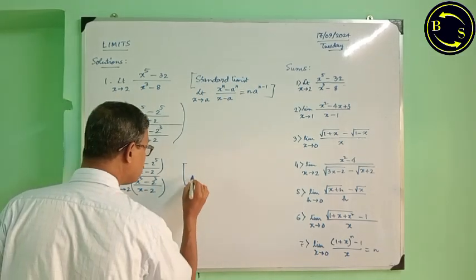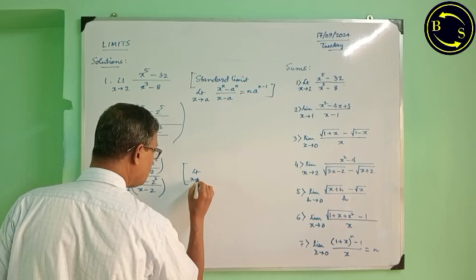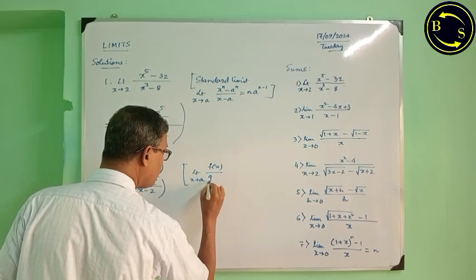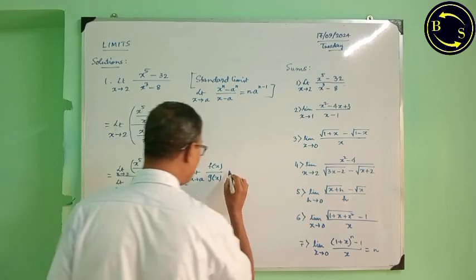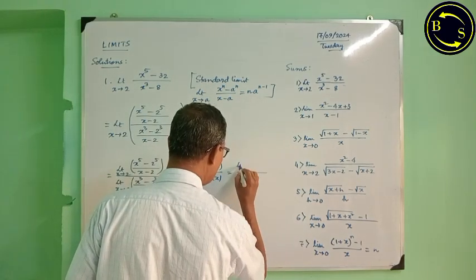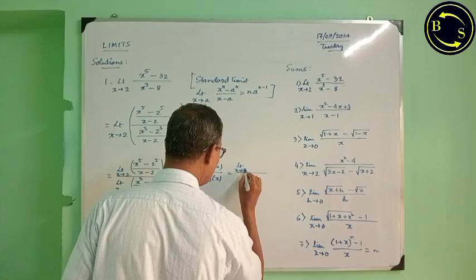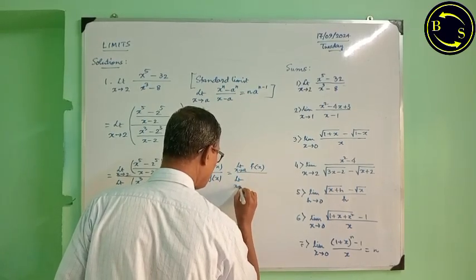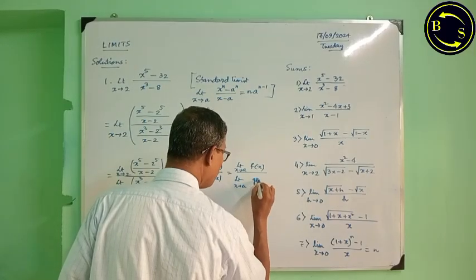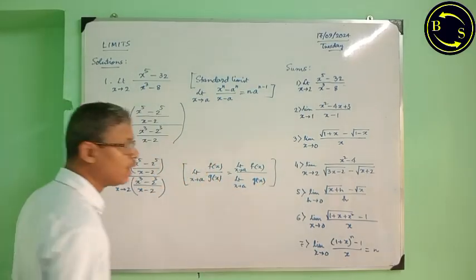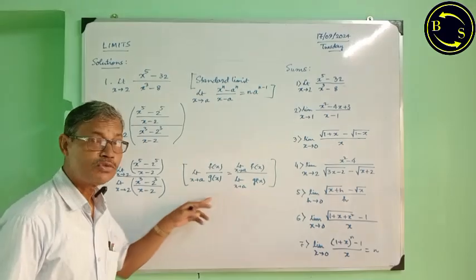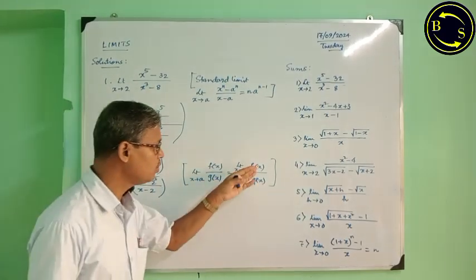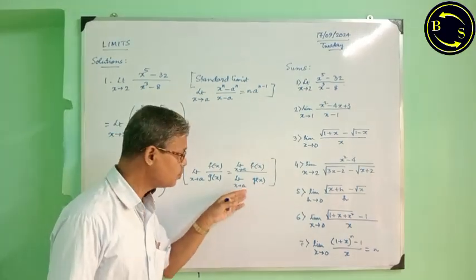Here we have used the theorem. Limit x tends to a f(x) by g(x) is equal to limit x tends to a f(x) divided by limit x tends to a g(x).